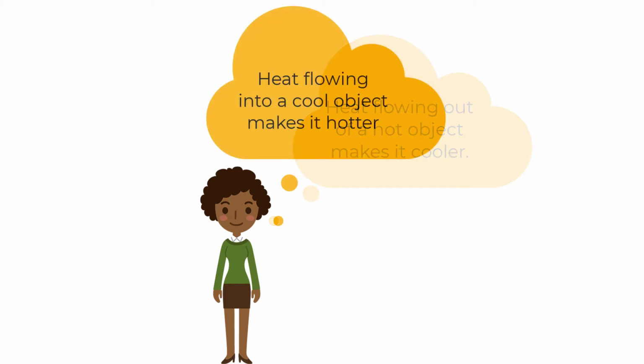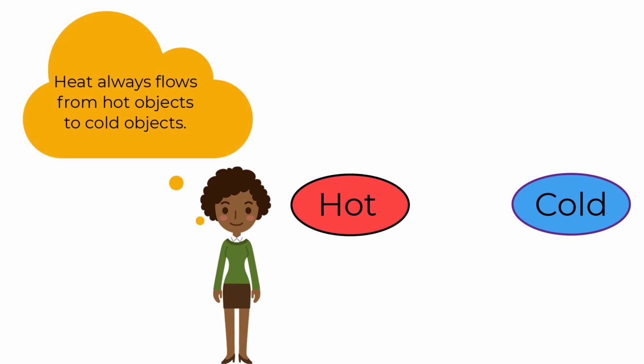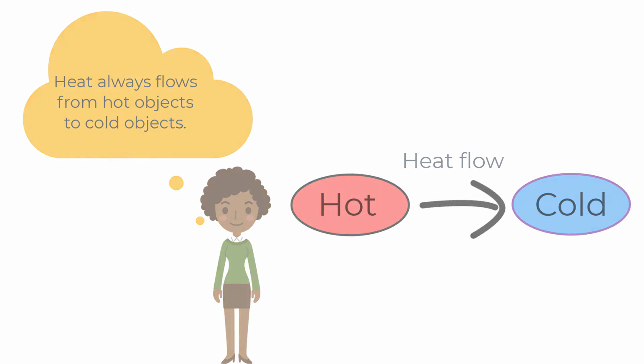When heat enters a cold object, the motion of those particles becomes faster and it warms up. There is actually a law in science that says that heat always flows in the same direction. Heat always flows from a hot object to a cold object, not the reverse.